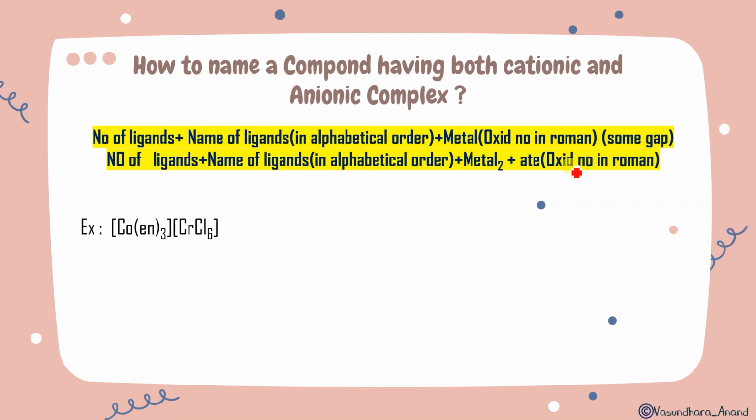So this is the compound, and one very interesting thing I want to tell you is that in this type of complex, in 98%, 99% of cases, both metals will have the same oxidation number.